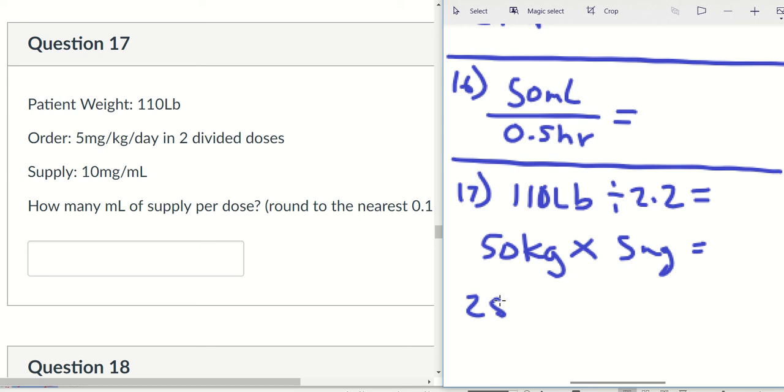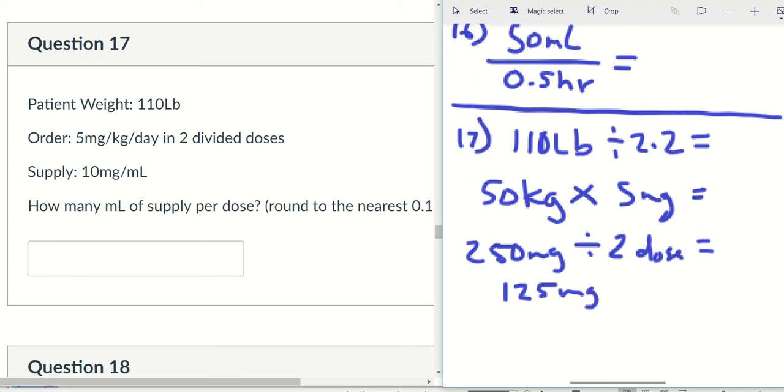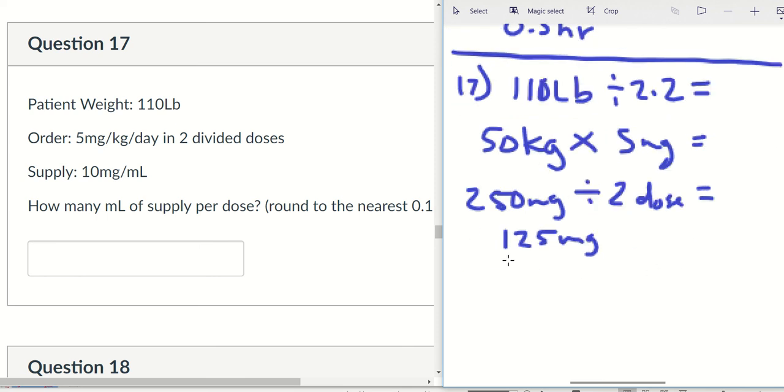So that's 250 milligrams in a day, but we're not gonna give it to them all at once, right? We gotta give it to them in 2 doses, so we'll divide by the 2 doses. So they need 125 milligrams per dose. And the last step is just an order and supply problem. So our order is 125, our supply is 10 milligrams. We are done.